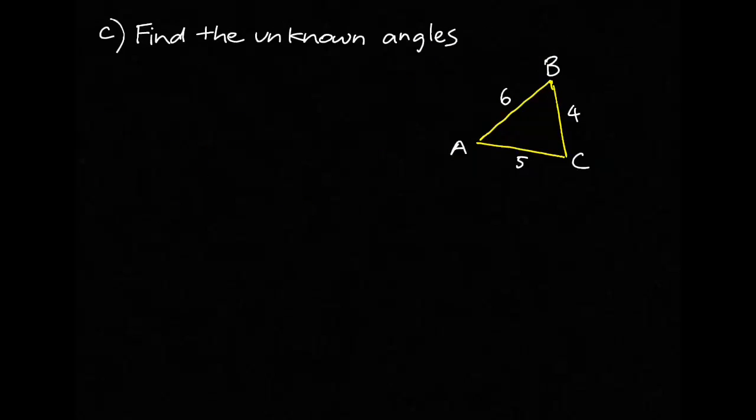Right, for this one we used the form cos A equals b squared plus c squared minus a squared on 2bc. There are three equations we can use because we know all three sides and we don't know any of the angles, and we've got to find them. So we're going to go through each one of them.